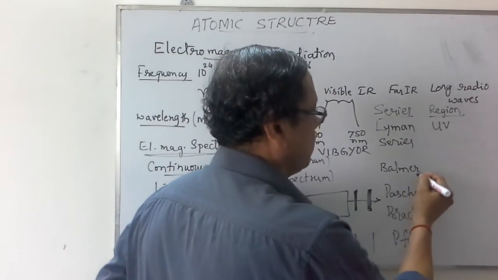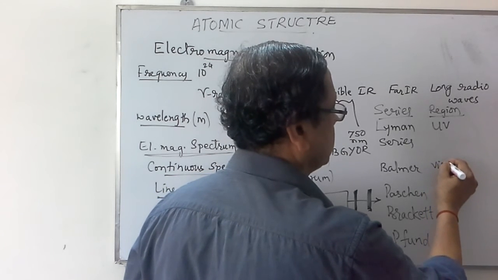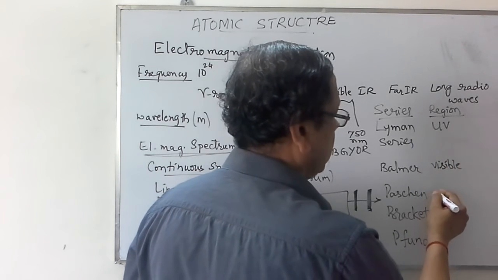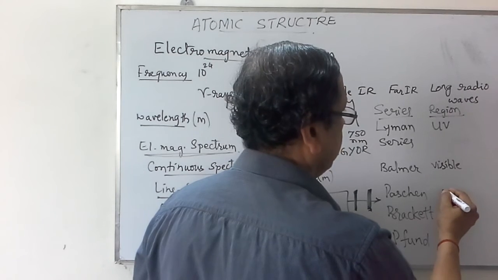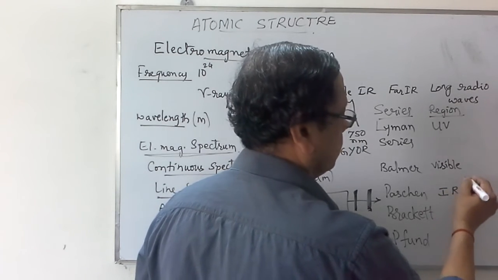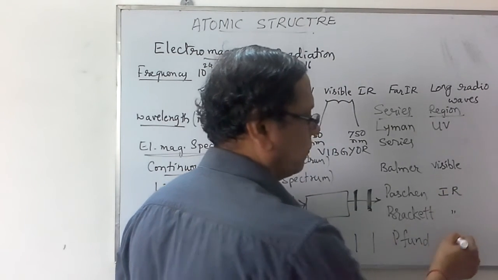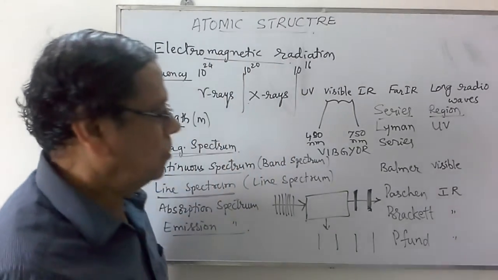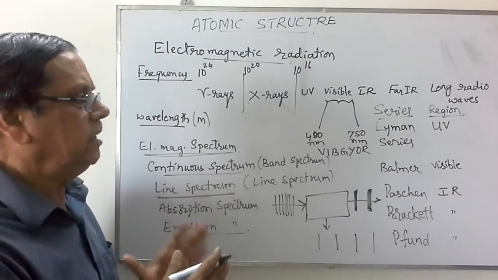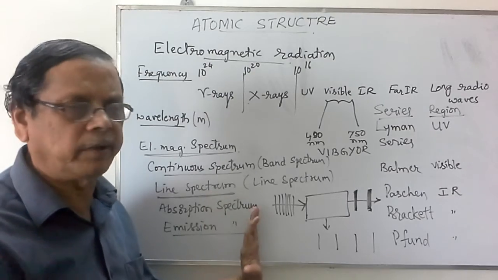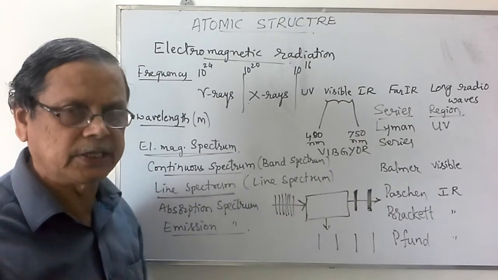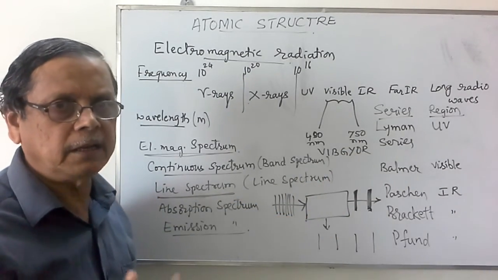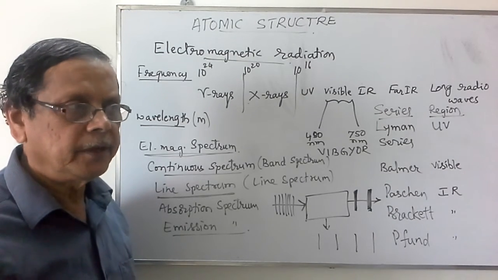And this Balmer series is available in the visible region, while these three are available in the infrared region.